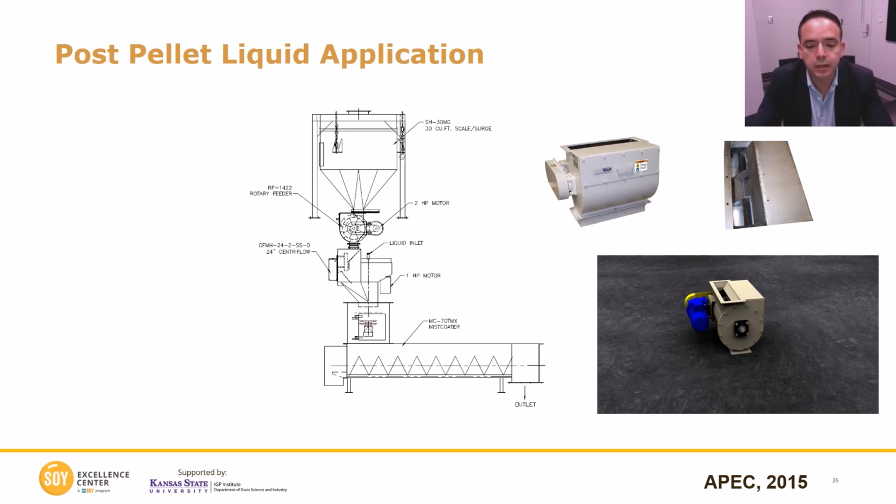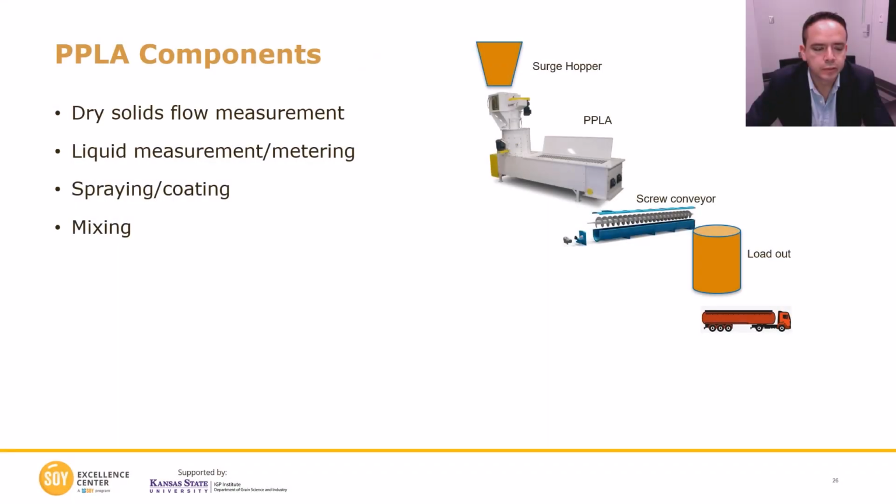The spinning disc is going to atomize that liquid, and then that liquid is going to be absorbed by the pellets. So some of the components of post-pellet liquid application systems are going to include the dry flow measurement, the liquid measurement, then the spraying and coating, and then the mixing.